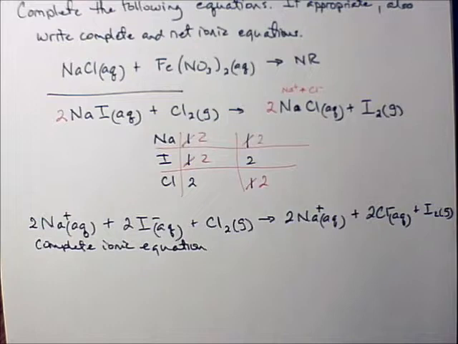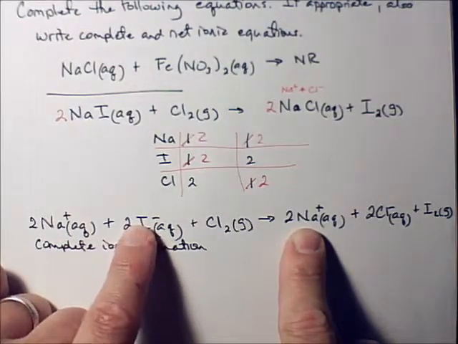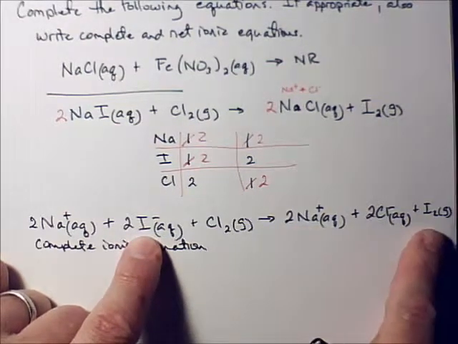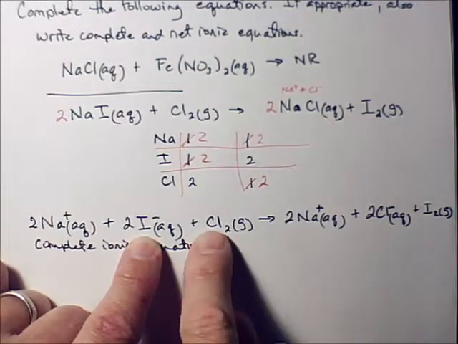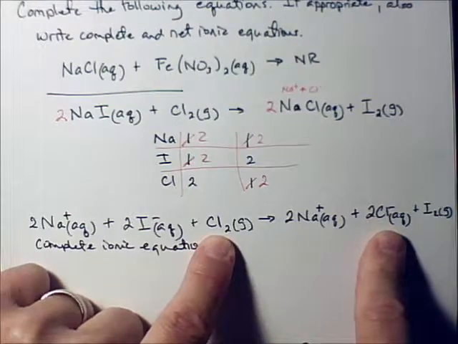Now, to write the net ionic equation, all we're going to do is to get rid of anything that stays the same. If it's not changing, it's called a spectator ion. And sodium is exactly the same on both sides. It's a spectator ion. Iodine changes from an ion with a charge that's aqueous into a molecule that's a gas. So it's going to change. Chlorine goes from being a molecule into two separate ions. So those are the things that change.